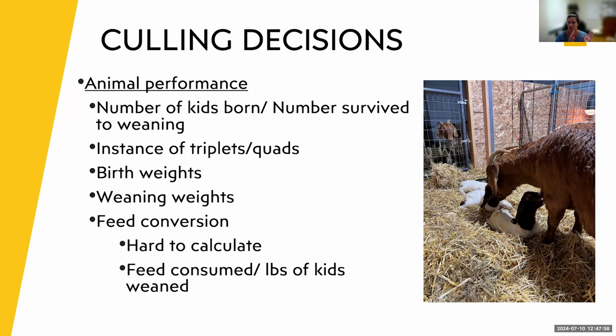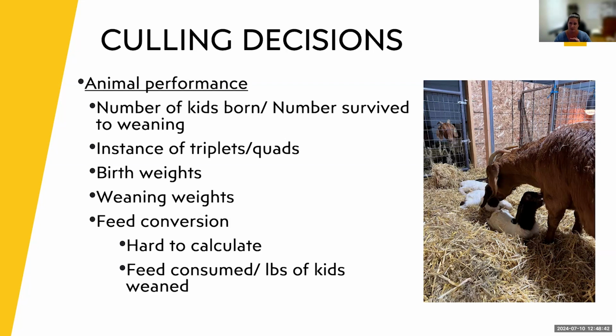If a doe or a ewe is having singles and twins after the first or second gestation, and on their third kidding they're still having singles and twins, they're probably going to continue to have singles and twins past there. If they are having quads and triplets at their second or third kidding or lambing, that will probably continue as well. There is some influence of the sire and their fertility as well as nutrition on that, but also there is some impact of the doe's ability to ovulate and carry those to parturition.